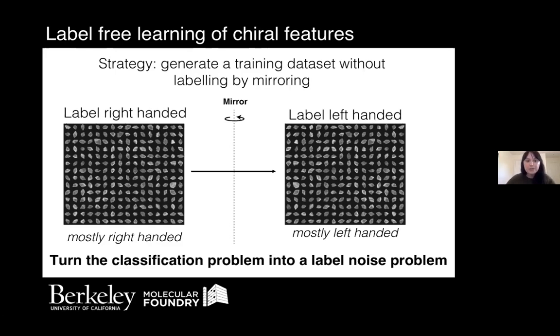But we're going to use the convolutional neural net approach, which in the literature has been shown to be robust to label noise. That means the convolutional neural net can learn the features of objects and correctly classify mislabeled objects that might occur in the training data.